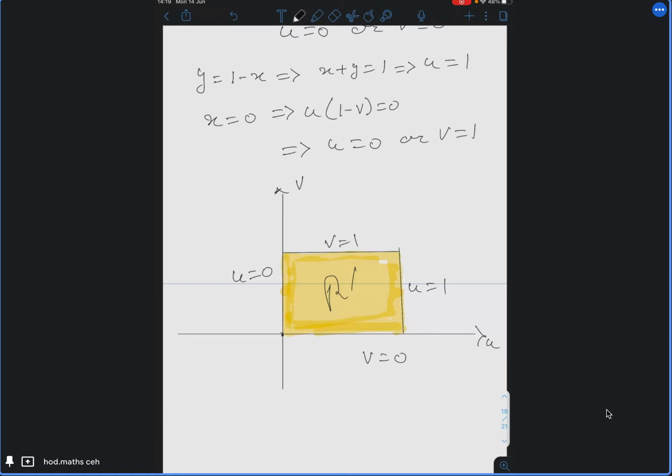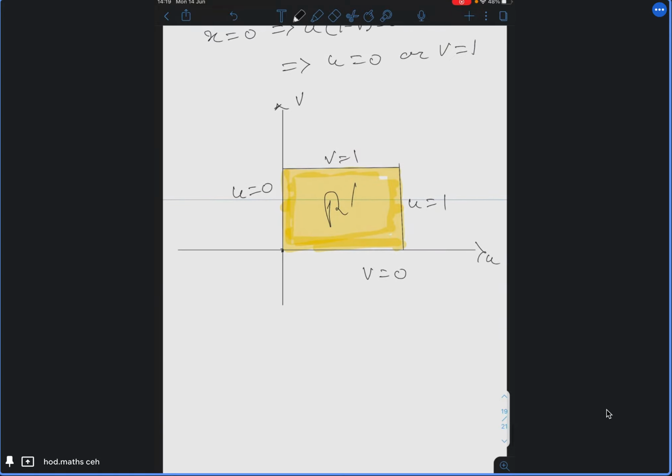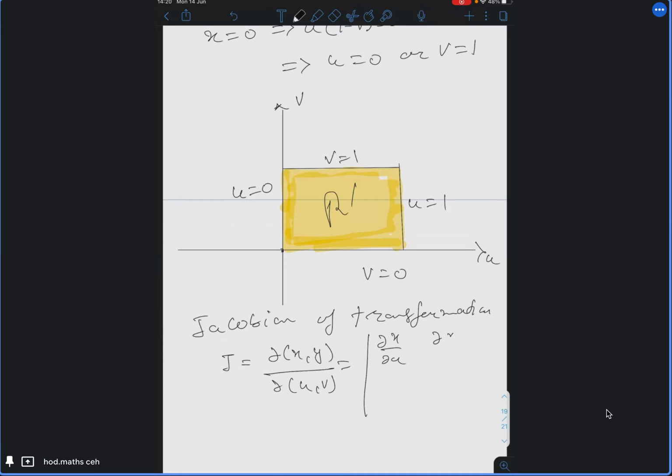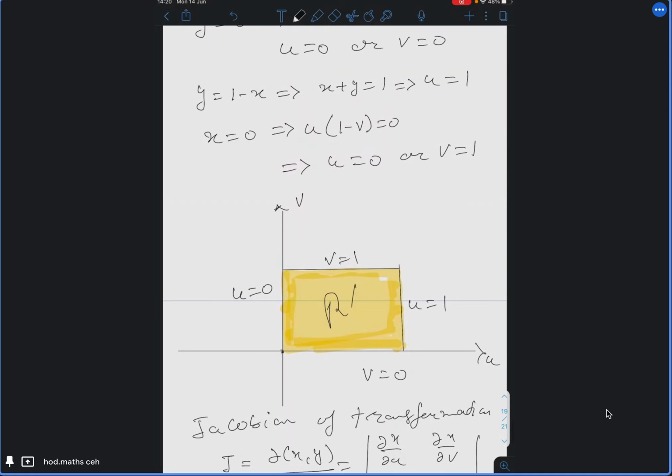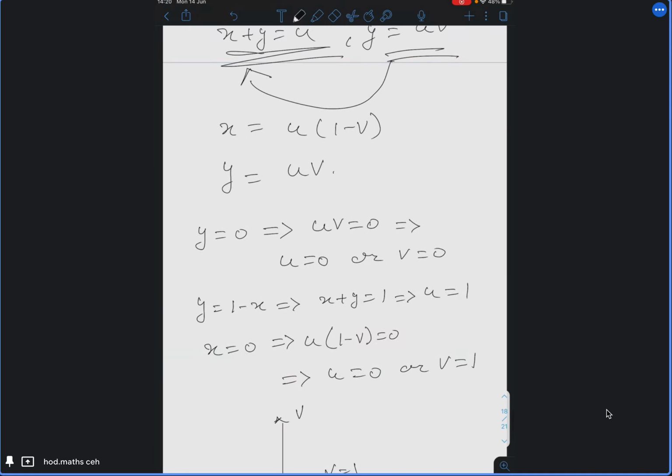Now we need to find the Jacobian also. So the Jacobian of transformation J is the Jacobian of x, y with respect to u, v. That is dou x by dou u, dou x by dou v, dou y by dou u, dou y by dou v. What is dou x by dou u? x is this one.